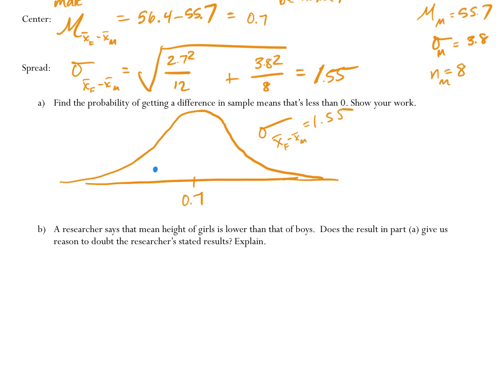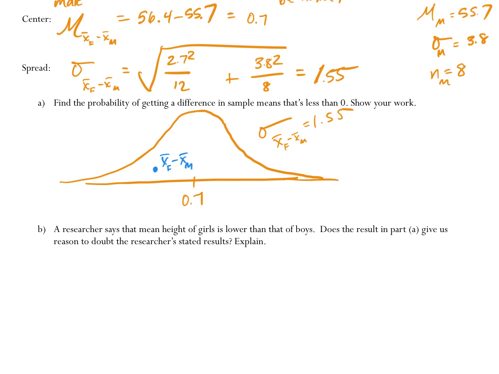Do you guys see what I'm saying here? I think it became very apparent in your homework, and when I pass it back, we can talk about it. But we have to remember, when you draw a dot plot or a normal curve, we need to make sure we understand what one dot on that graph is representing. And this is saying I took a sample of females and a sample of males, and then I subtracted the means of the two. Is this okay?